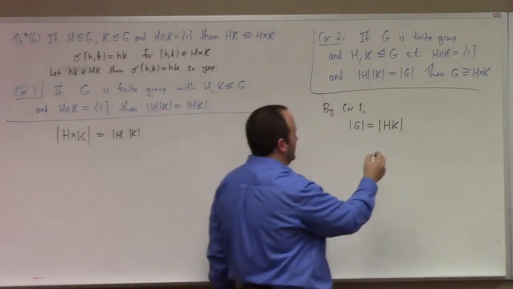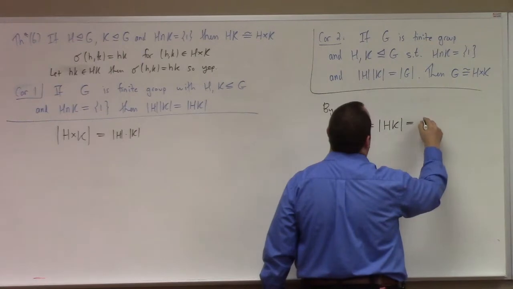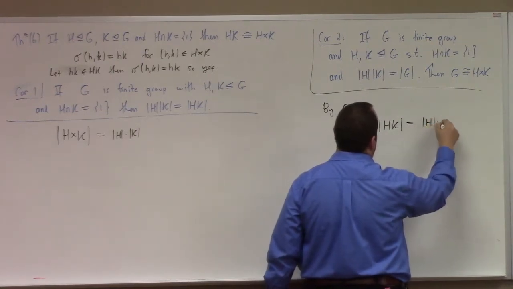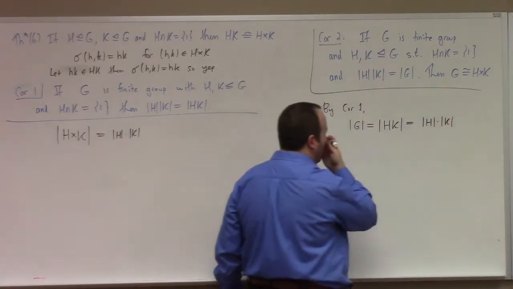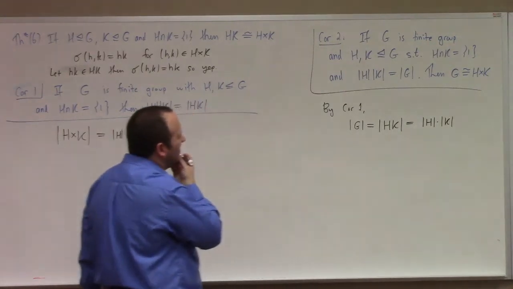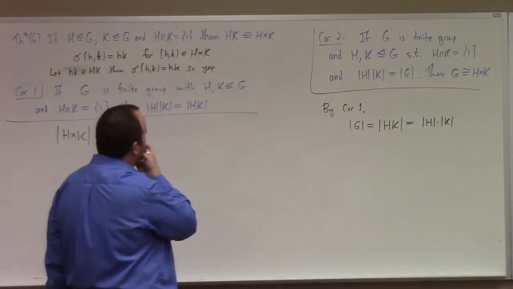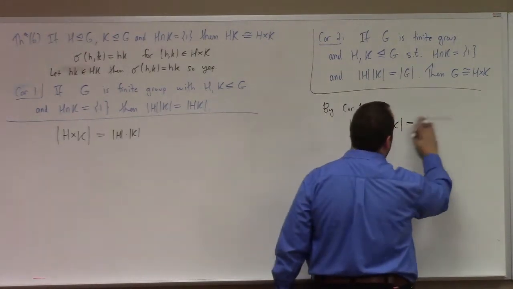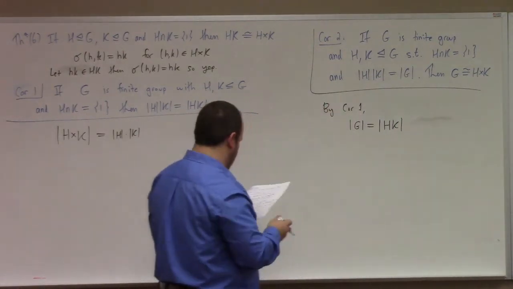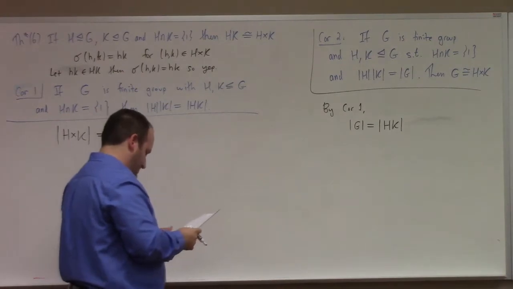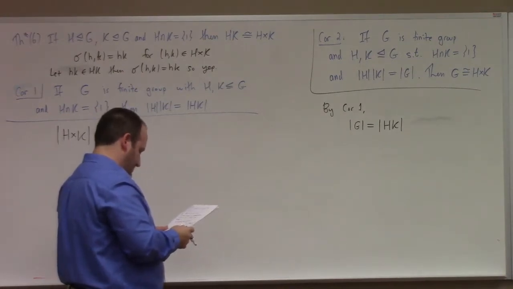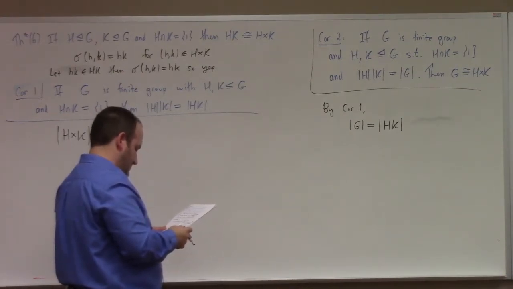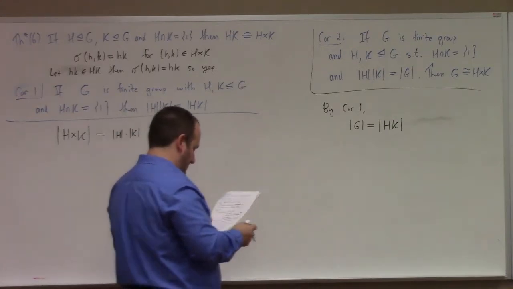Oh, but this is equal to this, right? What is that? That's where we drew that conclusion. Oh, I'm sorry. How do I get the isomorphism? Oh, here's the comment.